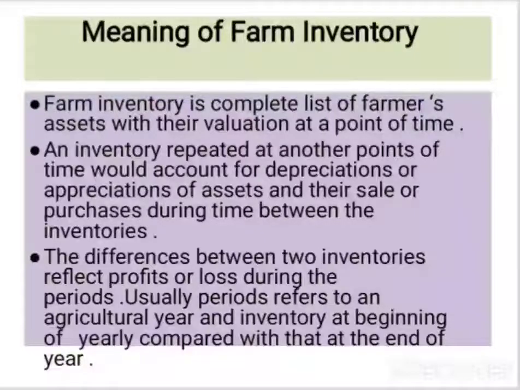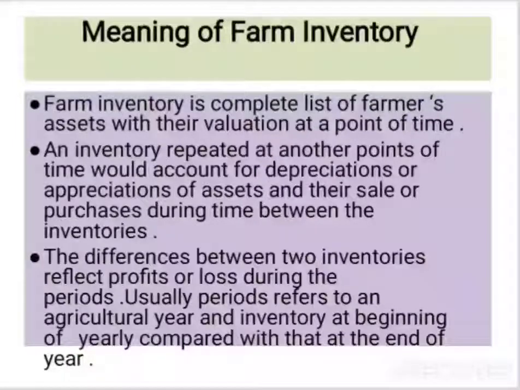An inventory repeated at another point of time would account for depreciation or appreciation of assets and their sale or purchase during the time between the inventories. What do you mean by this? If the same asset is repeated in some other accounts or places, the value of that asset or account has to be depreciated, the value has to be minimized.